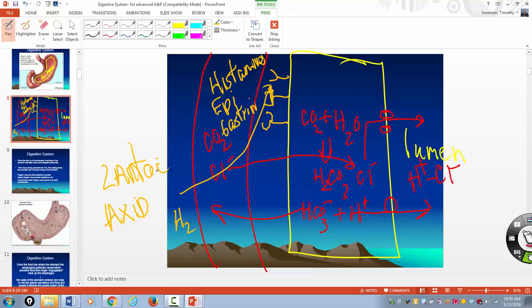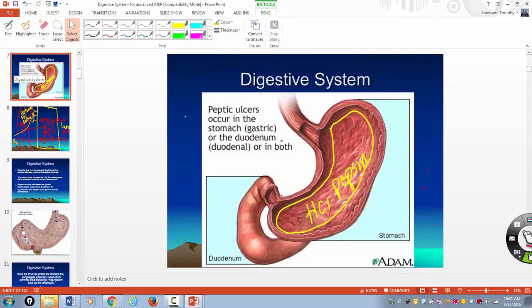And then for people who develop peptic ulcer disease, there's a drug called Carafate. Now, Carafate is one of those drugs where it doesn't necessarily act on cells.